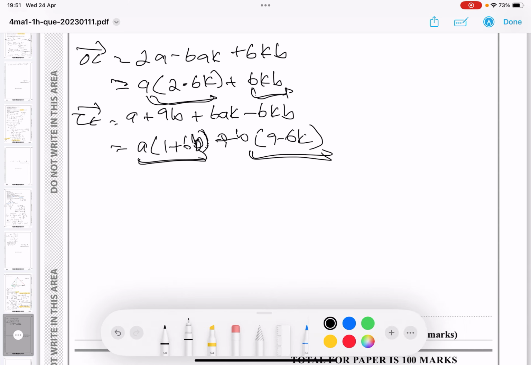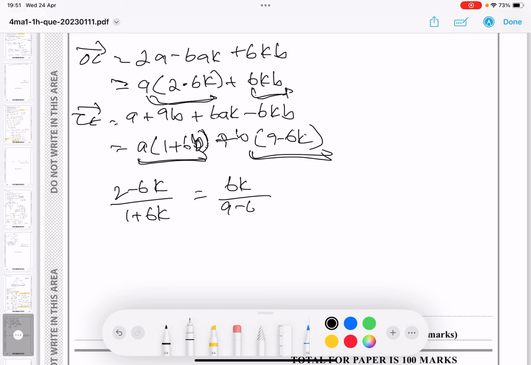Let me divide the top by the bottom. 2 minus 6k divided by 1 plus 6k equals 6k divided by 9 minus 6k.